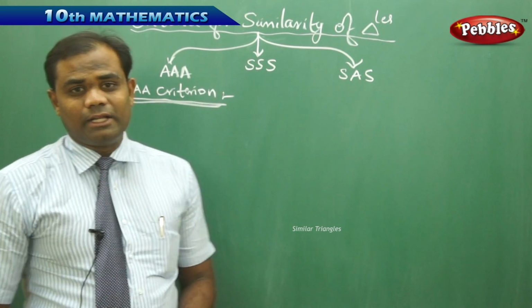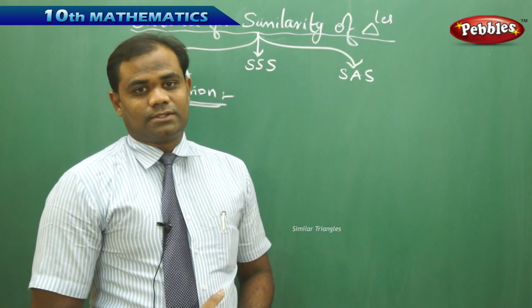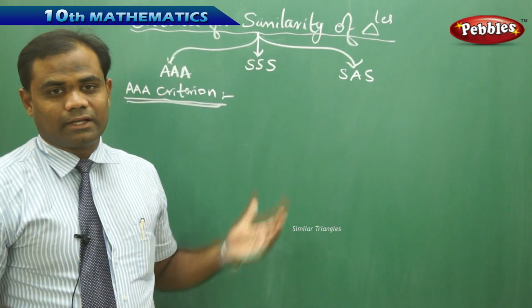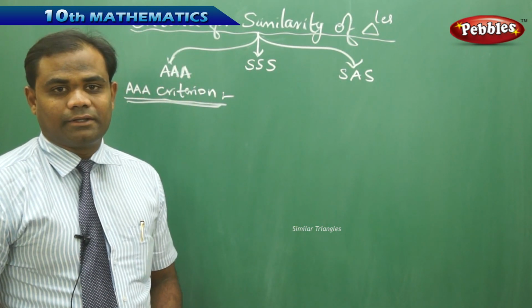So what the AAA criterion statement says is very important before we understand the proof of the AAA criterion.